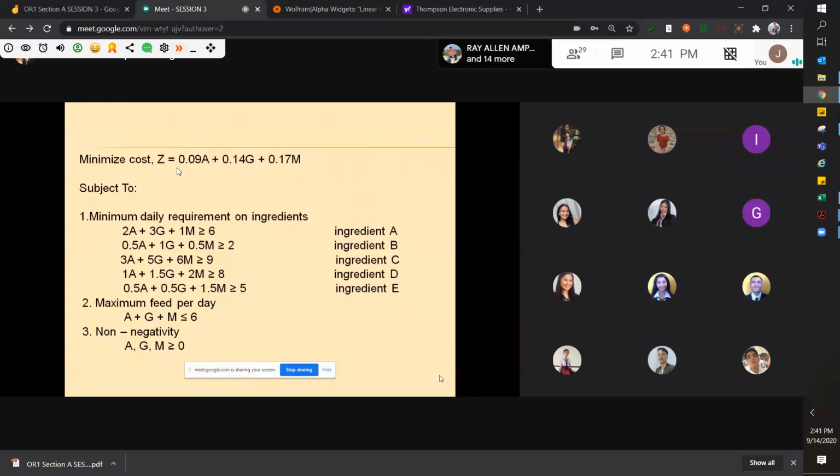Then the rest na yan, nasa table naman. Tama? I-formulate mo lang siya in an equation. Yung minimum daily requirements. How about yung maximum feed? Bakit ganun yung ginamit mo? A plus G plus N less than or equal to 6.